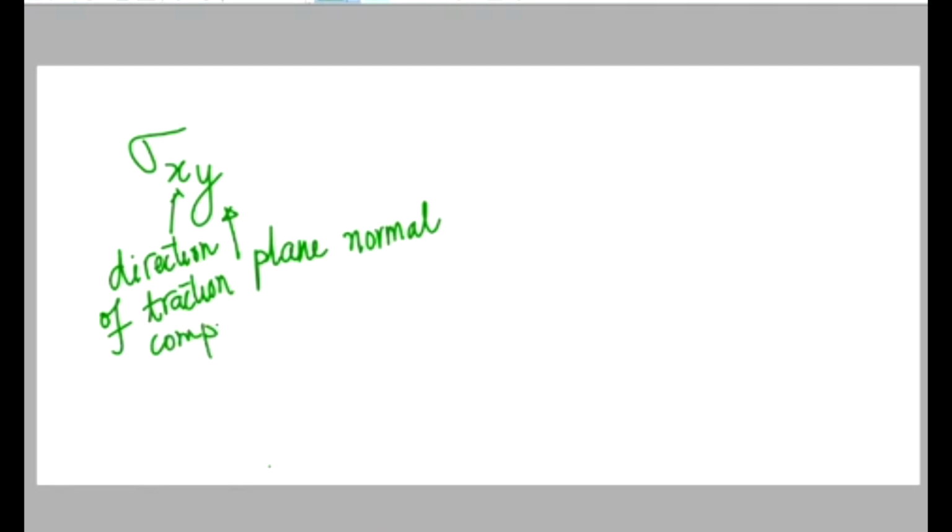Okay. So sigma xy basically means the traction on y plane in the direction of x.